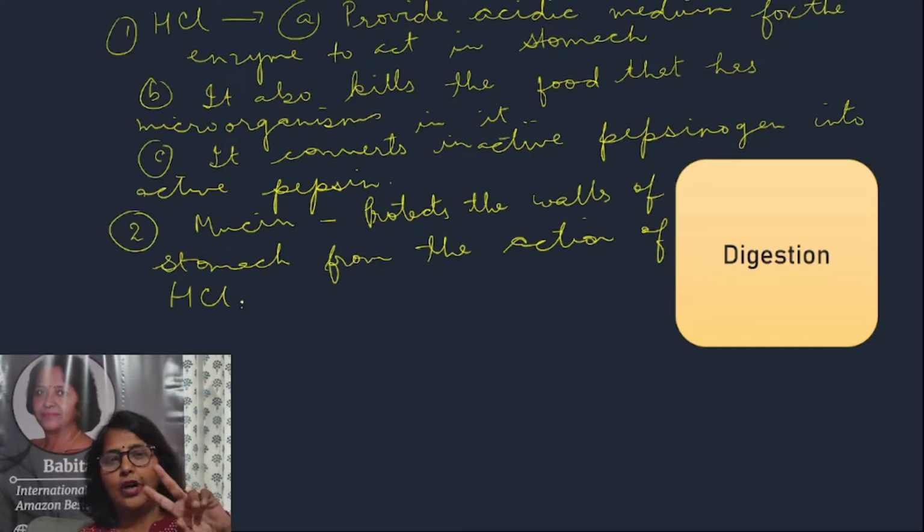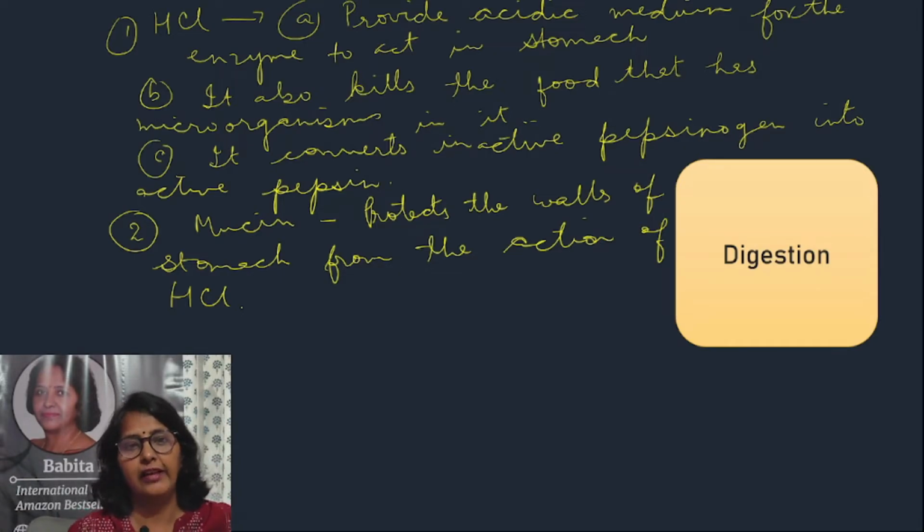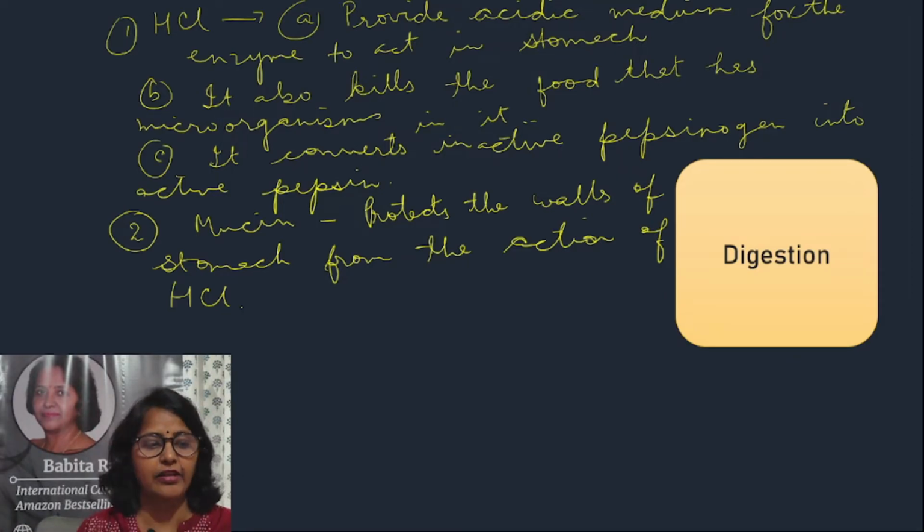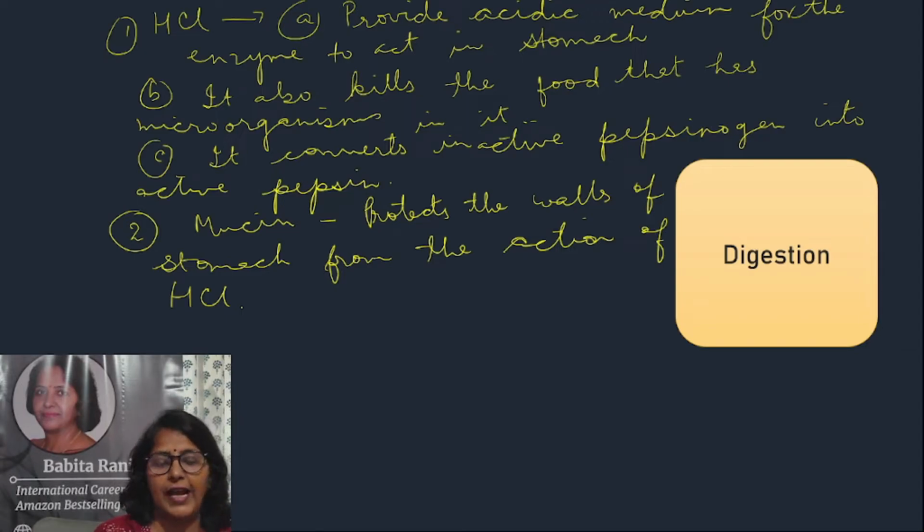So the components of gastric juice: HCl provides the acidic medium for the enzyme to act in the stomach, because we had 6.8 pH in the mouth, and in the stomach it generally acts at 1.4 to 1.6 pH. It also kills all the microorganisms that come along with the food. It converts inactive pepsinogen into active pepsin, and what inactive pepsinogen is, we will talk about in a while. And the second component is mucin that protects the walls of the stomach from the action of HCl.